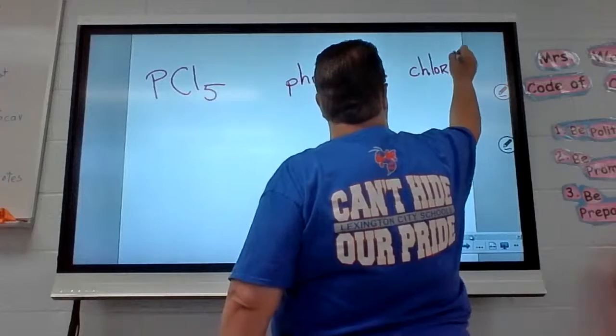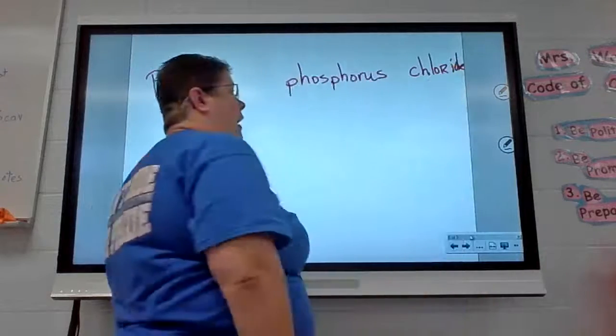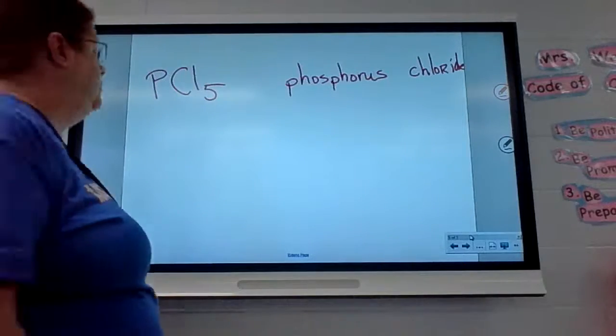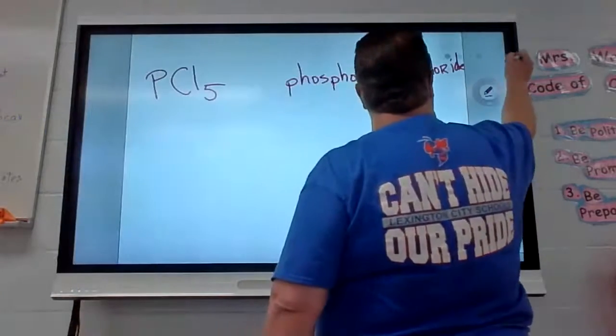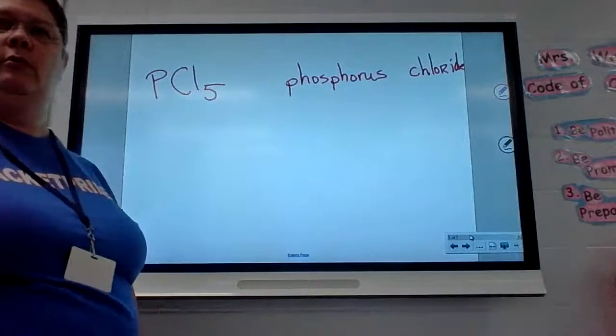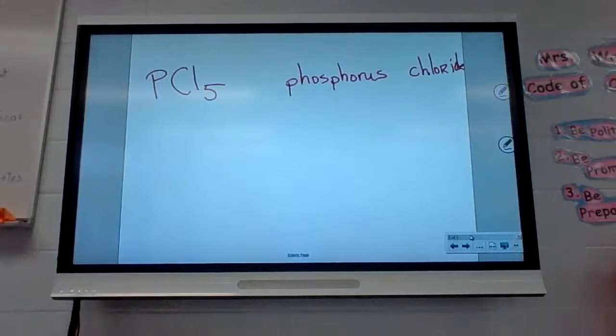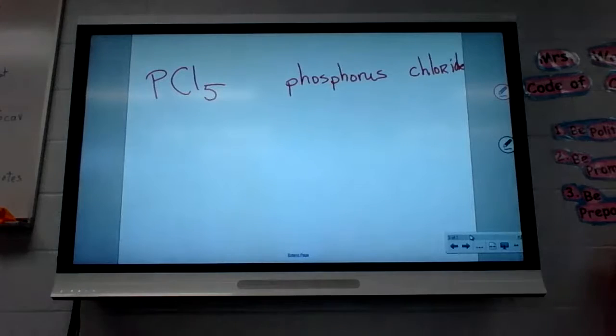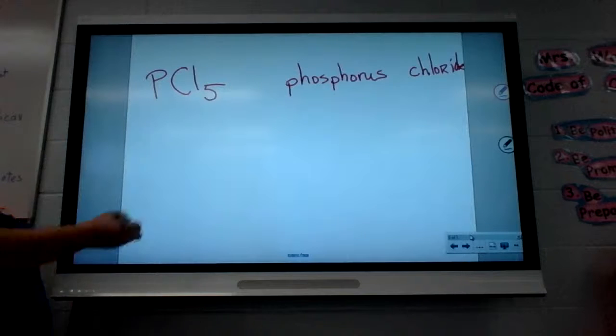Chloride. Okay, so phosphorus chloride. Now, check out chlorine's oxidation number. What's chlorine's oxidation number? There's a lot. -1. Why is it -1, Allie? Because it's second, so it has to be negative. Good. So it's second, it has to be -1.